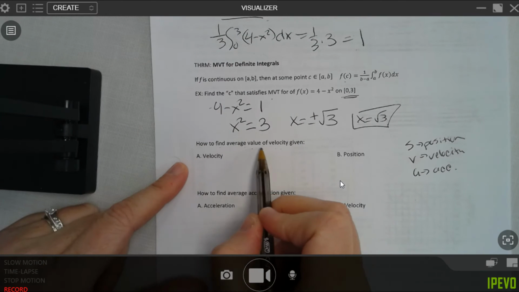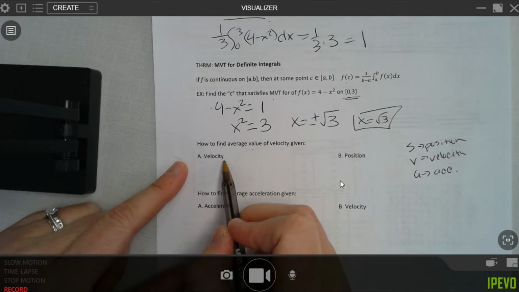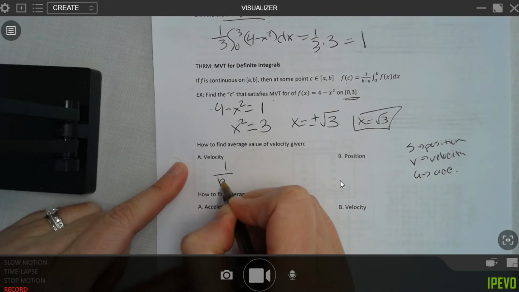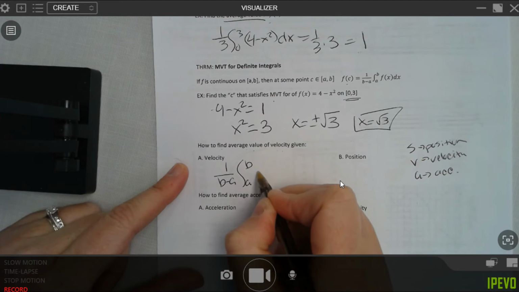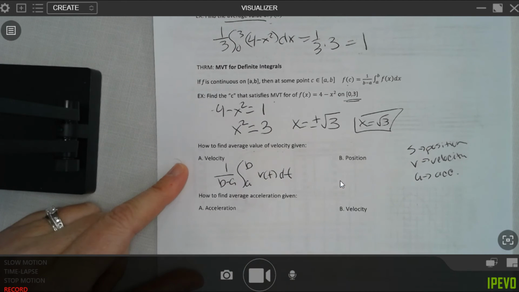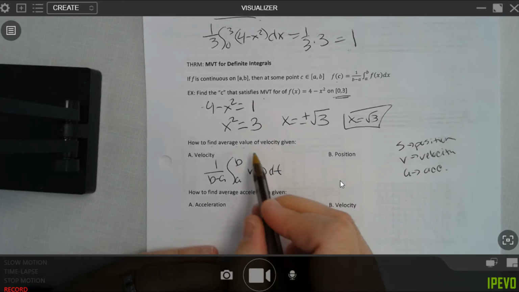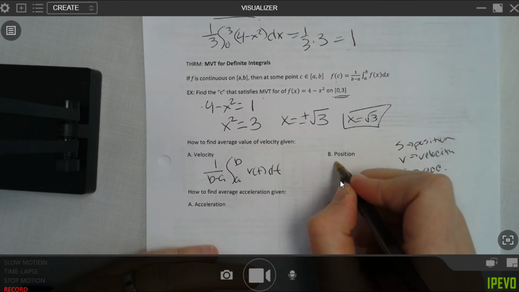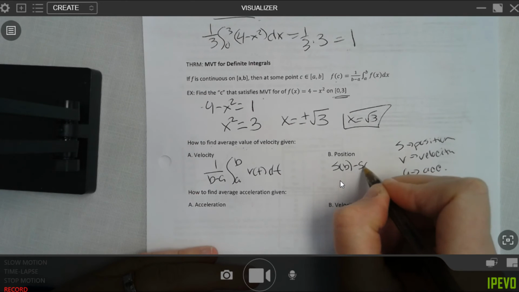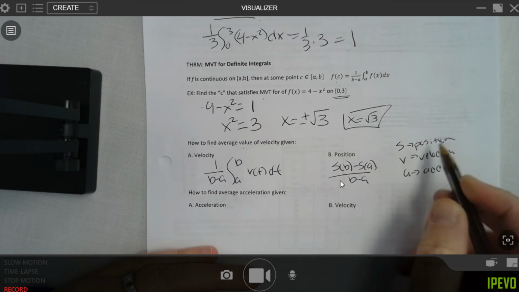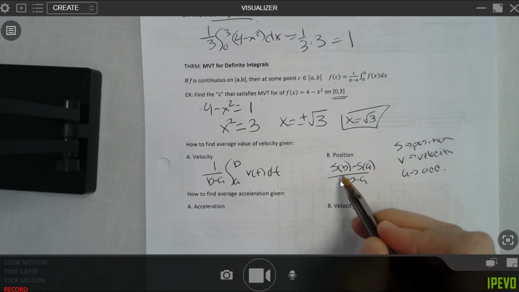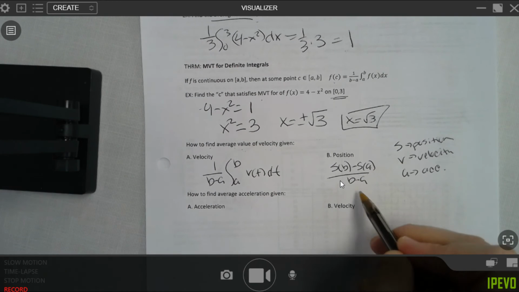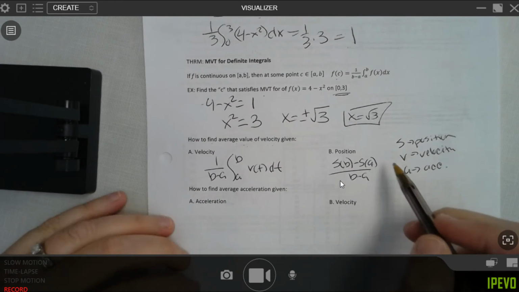So if I want to find the average value and I'm given velocity, then that's when we have to do 1 over b minus a of your velocity equation. If I'm given position and I want to find average velocity, then I'm going to do s of b minus s of a over b minus a. That means I'm using the position function. I'm just using the y2 minus y1 over x2 minus x1. That's what this means. It's a slope formula.